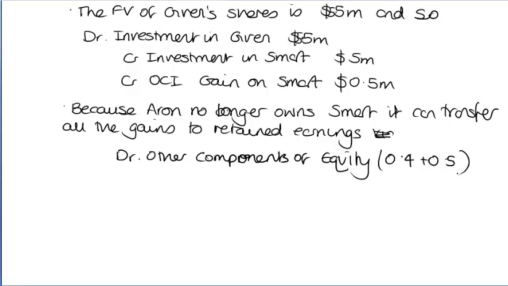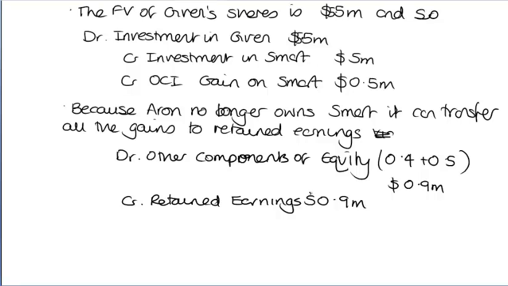So my total gains, which have gone through OCI, are 0.9 million. So I'm going to debit OCE 0.9 million and credit retained earnings 0.9 million.